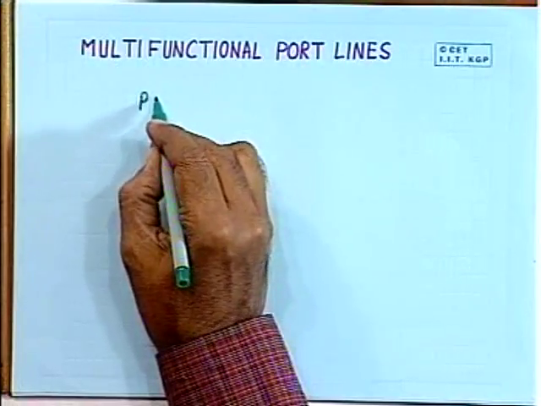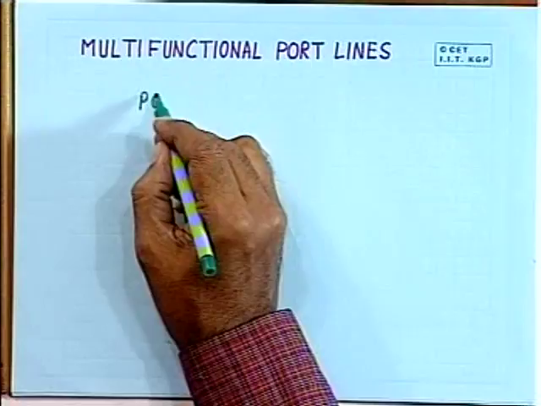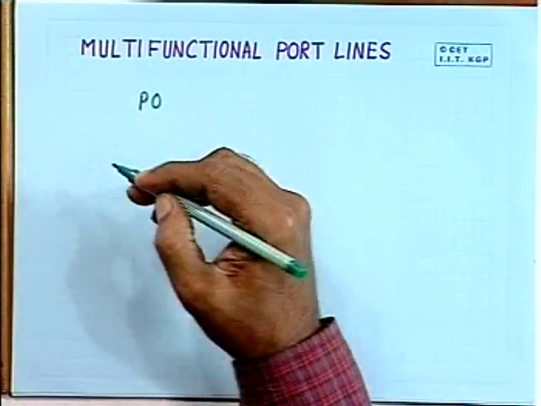Now, to provide you more flexibility for larger external RAM and external ports, the ports are made multifunctional. How? Let us see. Out of these 4 ports, say port 0, whenever you are not accessing external memory, it is acting as a normal port.